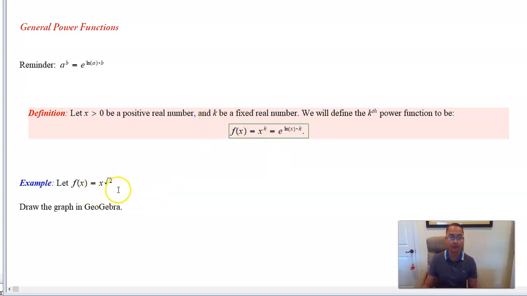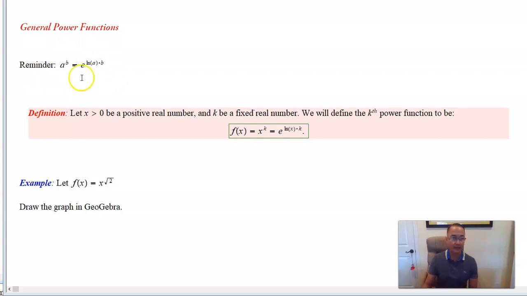So in our exponent, we're going to do x to the square root of 2. What does that even mean? This is what it means. So we can now give meaning to the expression x to the power k using exactly the same idea that we started with. It all goes back to this definition we made at the beginning of the video.